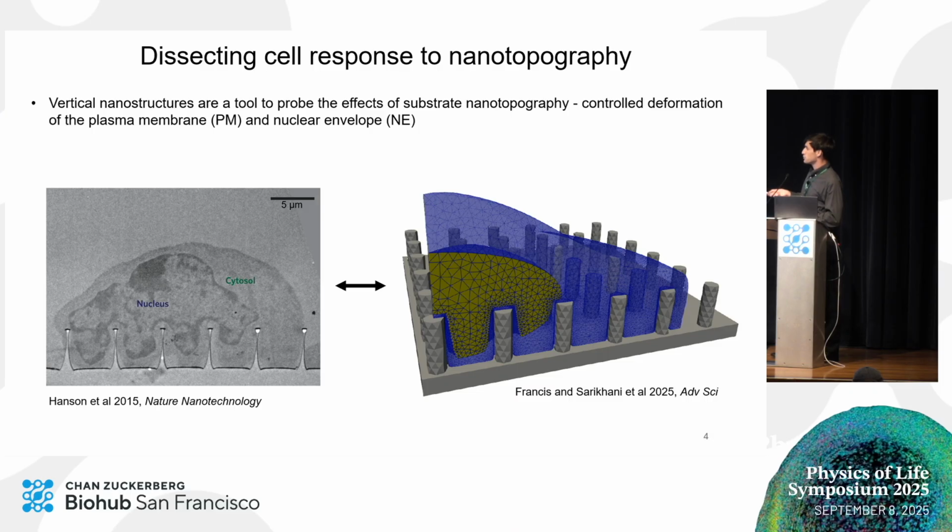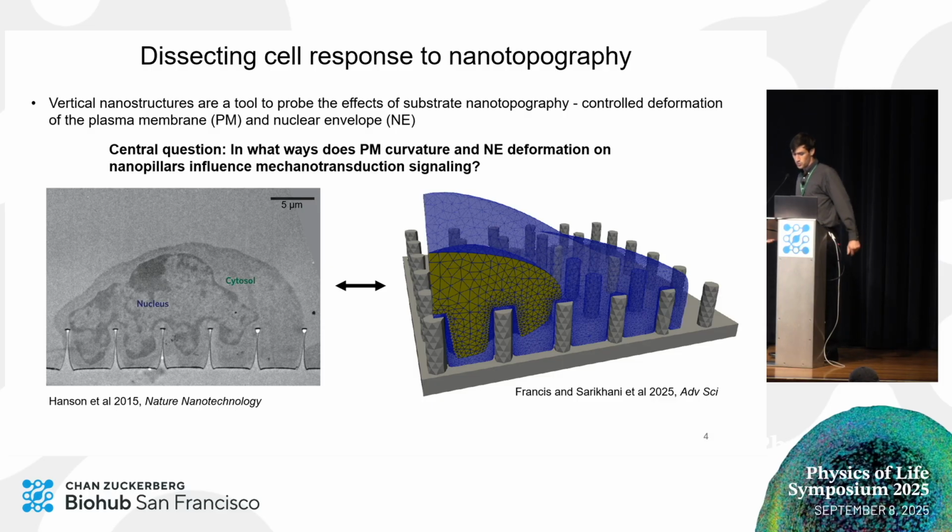And as you can appreciate in this image, these nanopillars will induce very large deformations of the plasma membrane as well as the nucleus of the cell. So we want to represent this in our simulations in order to answer the question of how these nanopillar substrates might influence mechanotransduction signaling by changing curvature of the plasma membrane as well as deformation of the nucleus.